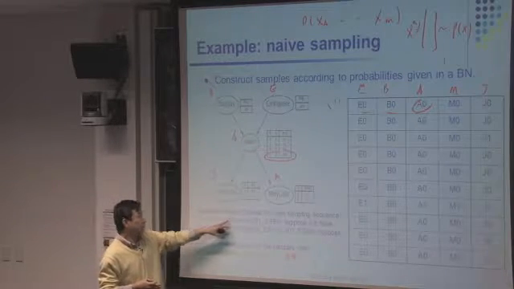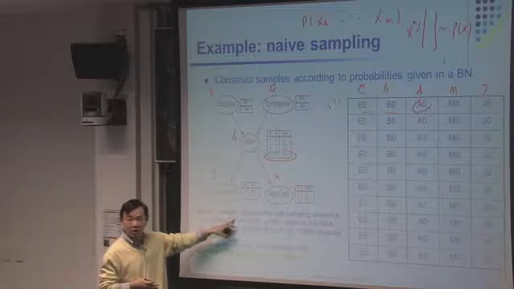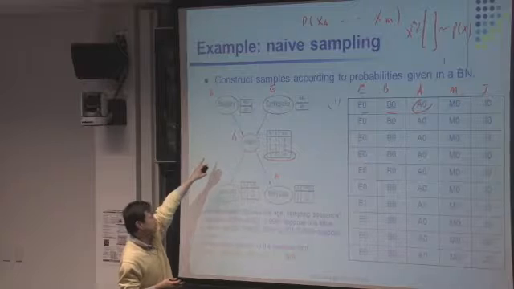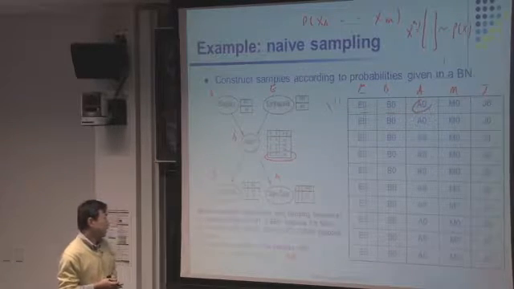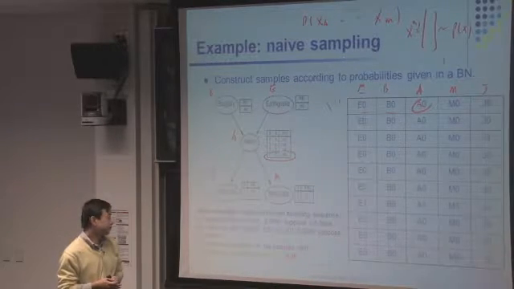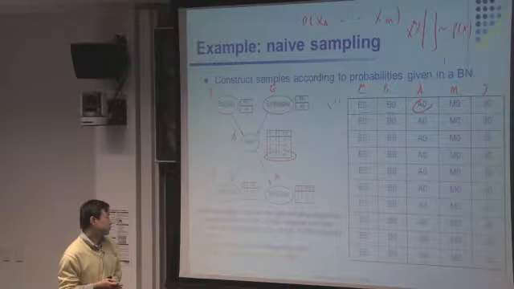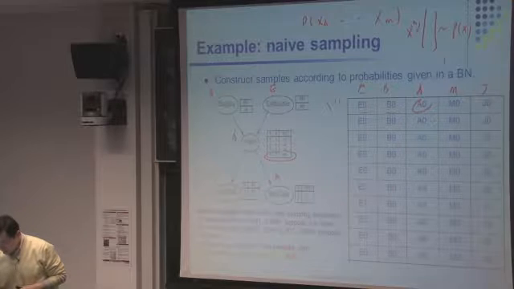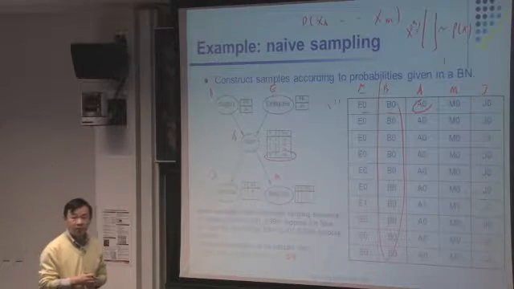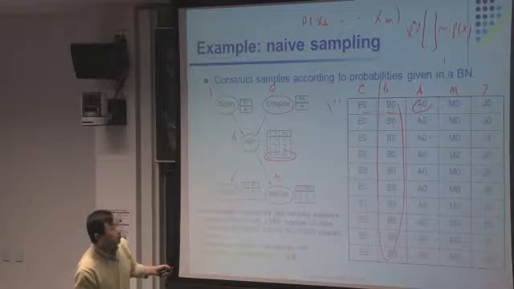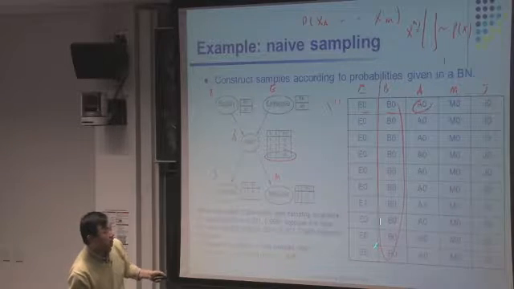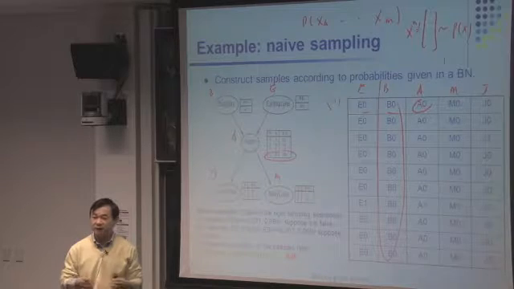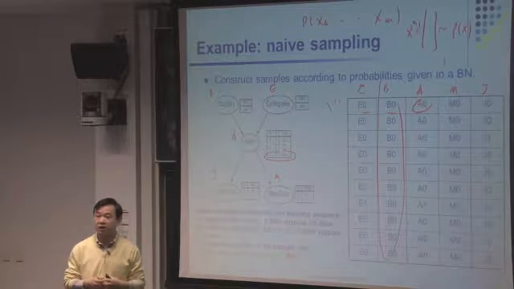For example, now I want to compute the marginal probability of B, which is right over there, okay? And how should we do that? Well, you need to look at this B column and see how your events of B divide across different options.